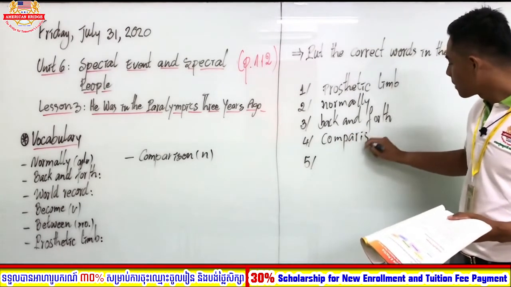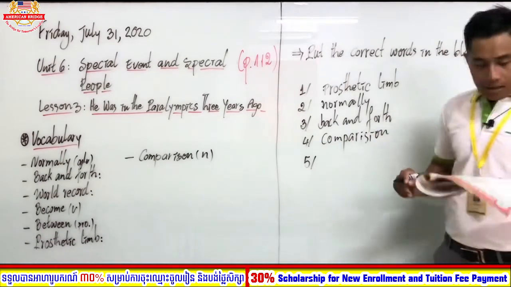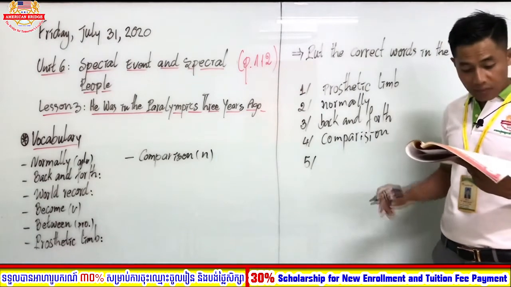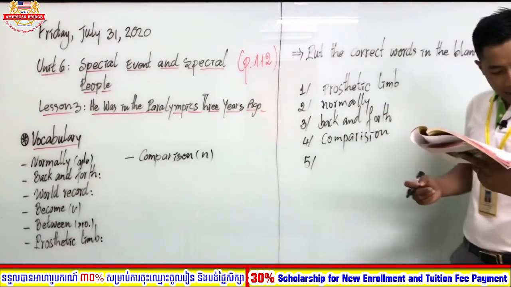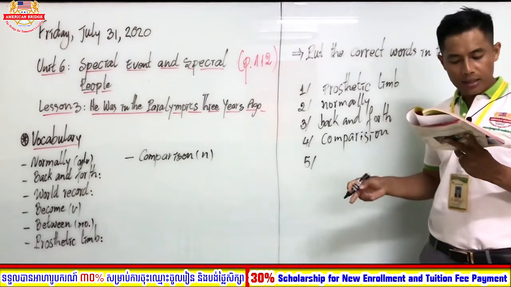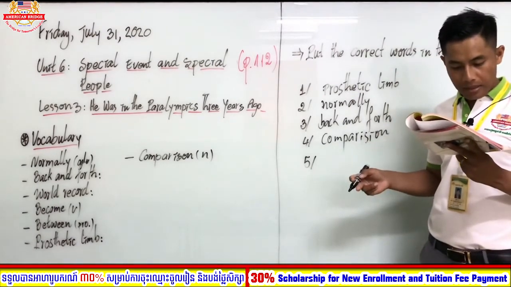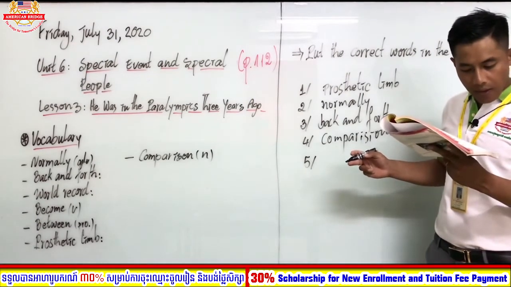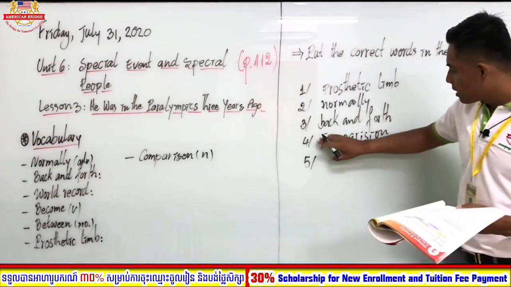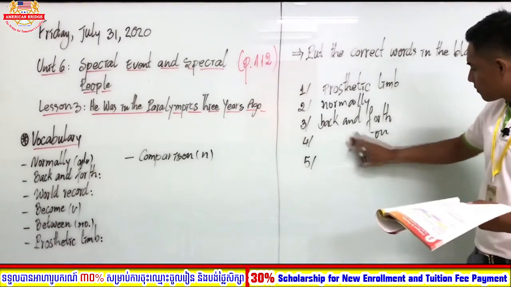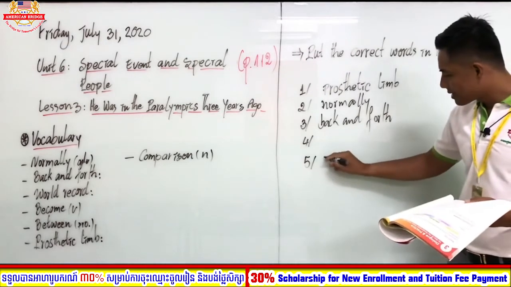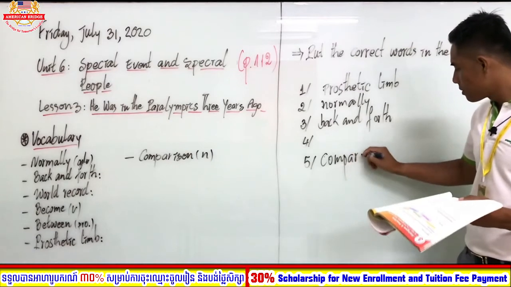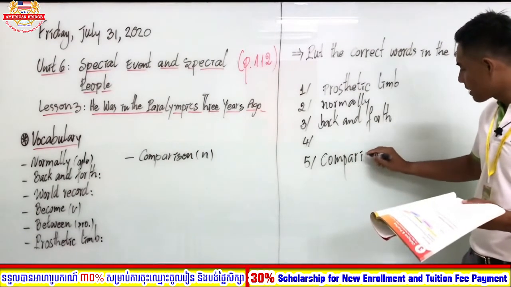Comparison. Next, number 5, the last one. There are 2 words to complete. A: I want to show you my blank. So this one should be comparison. Comparison paper.